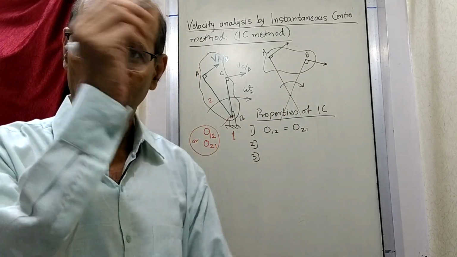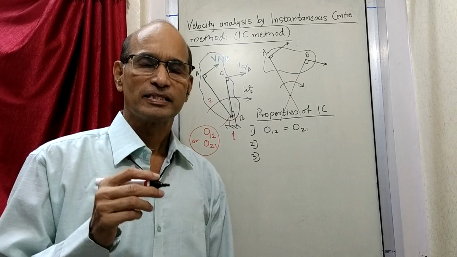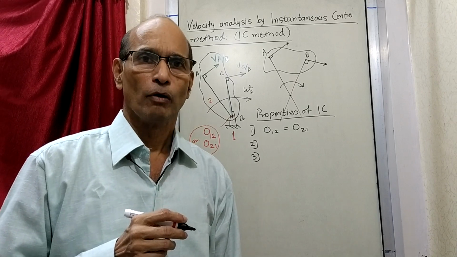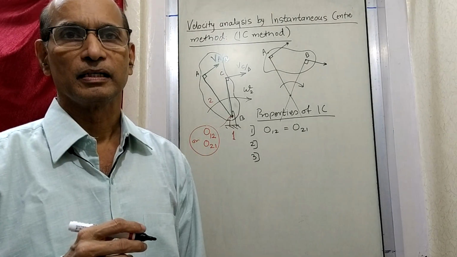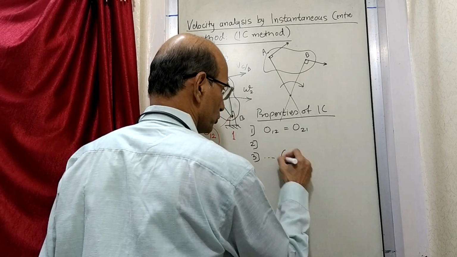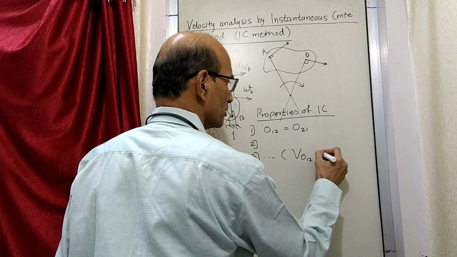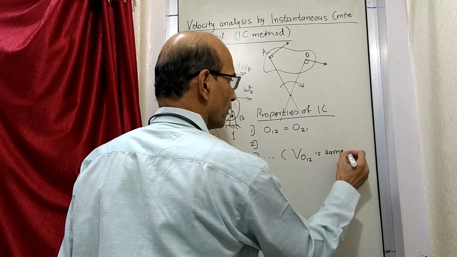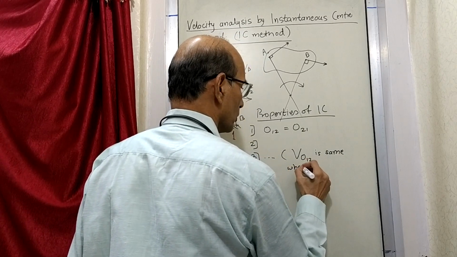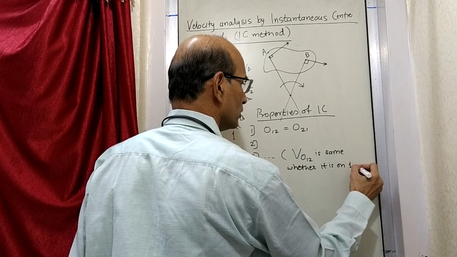What is the meaning of that? You write down in brackets, continue further, in brackets: that is, velocity of instantaneous center. Now in the bracket write down, velocity of O12 is the same whether it is on 1 or 2.